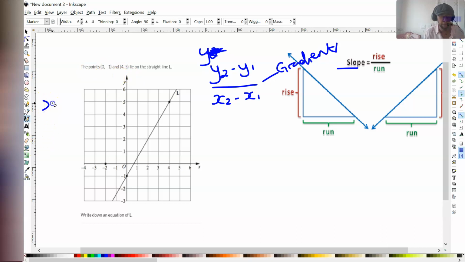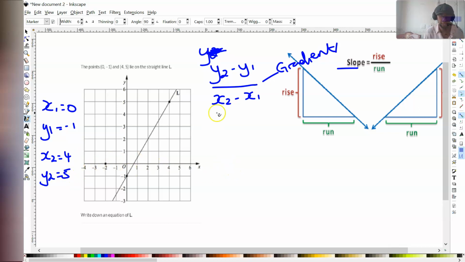My x1 is 0 and my y1 is -1. My x2 is a positive 4 and my y2 is a positive 5.